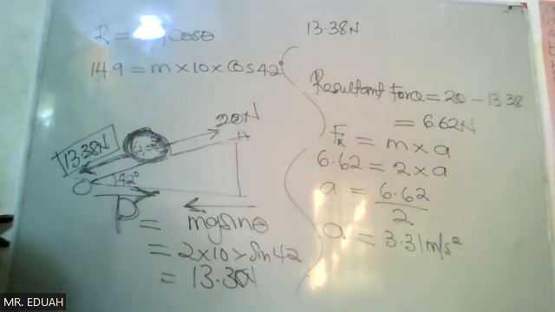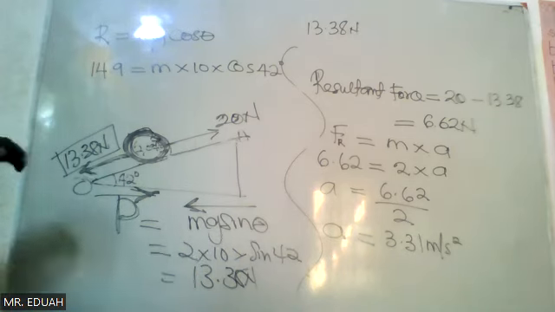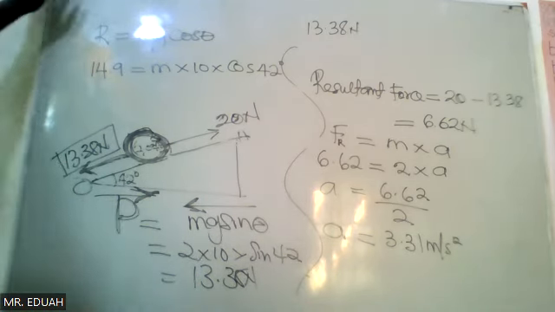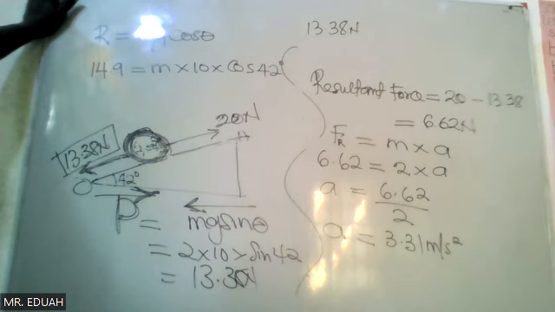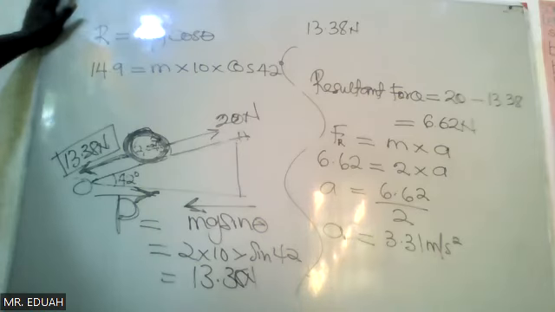So the resultant force will be 6.62, exactly: 20 minus 13.38. Okay, thank you. Welcome.